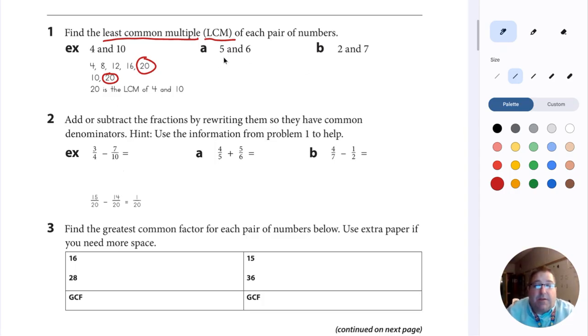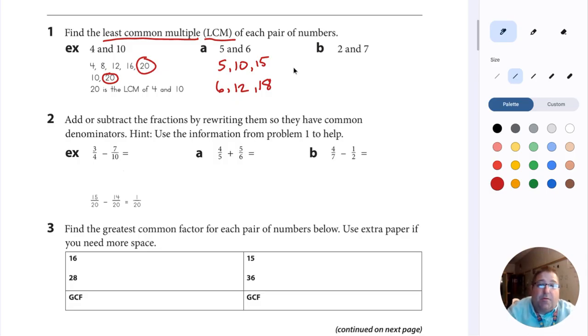So you're just going to write the multiples of 5: 5, 10, 15, 20, 25, 30, 35, 40, and so on. And 6: 6, 12, 18. Even if we start those, so far there's no numbers that share.